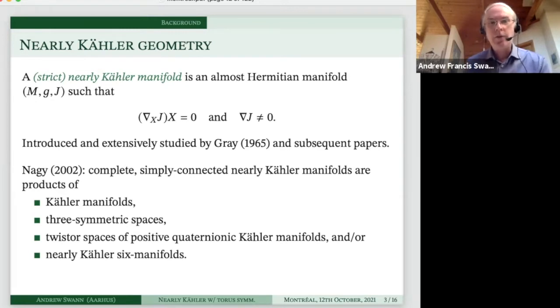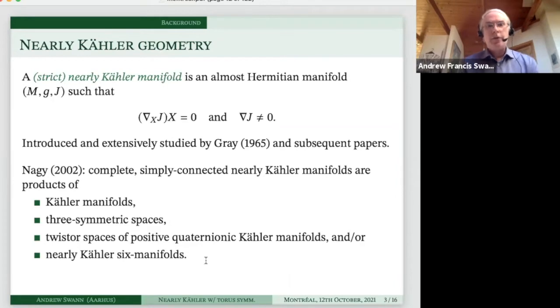Then twistor spaces of positive quaternion Kähler manifolds. We would know what those are if we knew what all the positive quaternion Kähler manifolds are. And that's, of course, a big open question of what that list of manifolds is: whether there are any complete positive quaternionic Kähler manifolds that are not Wolf spaces, so symmetric spaces.